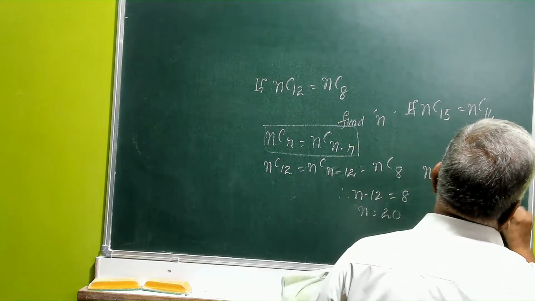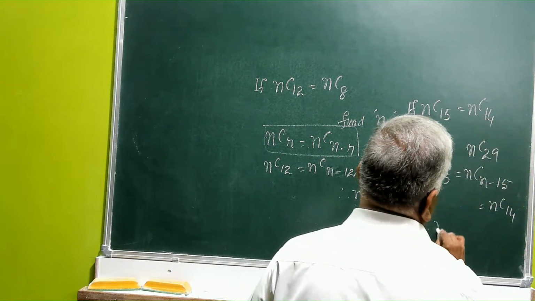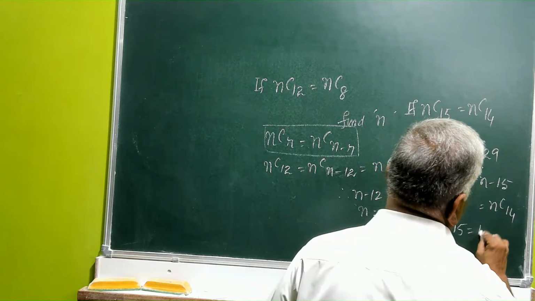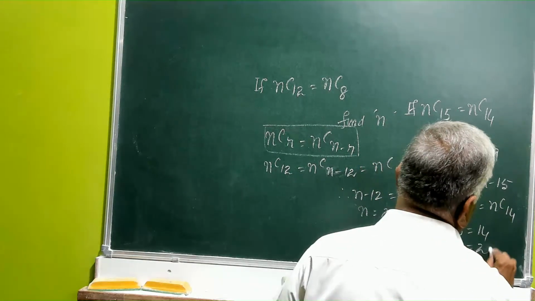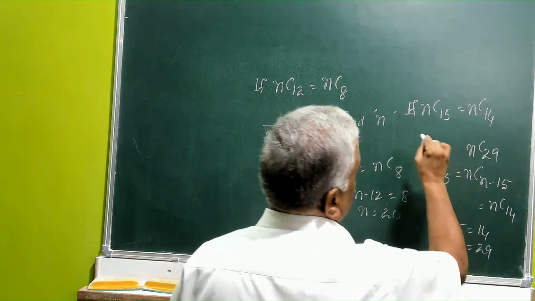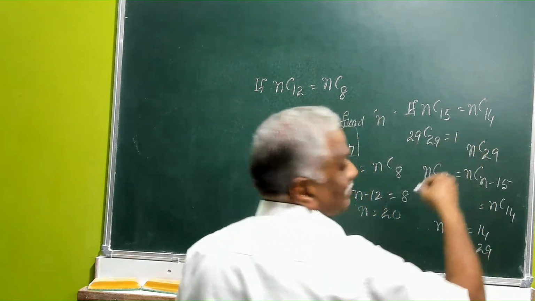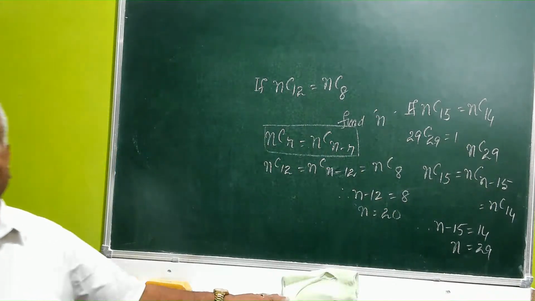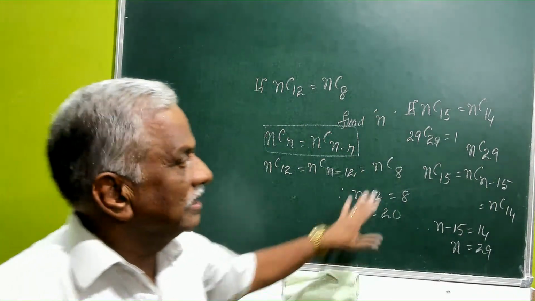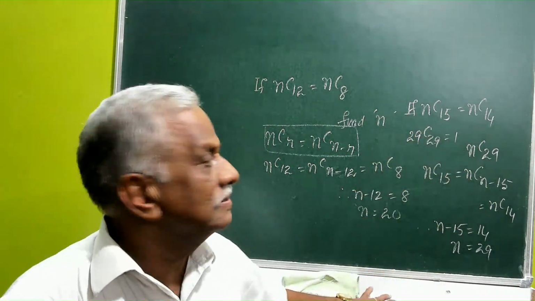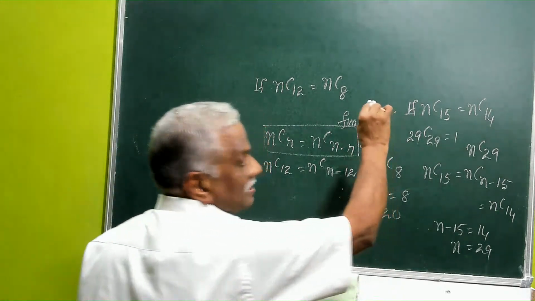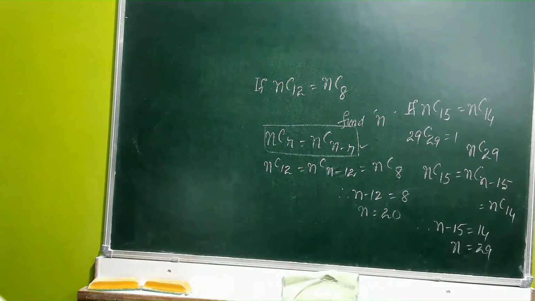That is given to be nC14. Therefore, n minus 15 should be equal to 14. So n is equal to 29. So what is n? n is 29. 29C29 is 1. So there may be some problems based on this. So this is a very, very important formula. Use this. Okay. Let's go to the other type of problems.